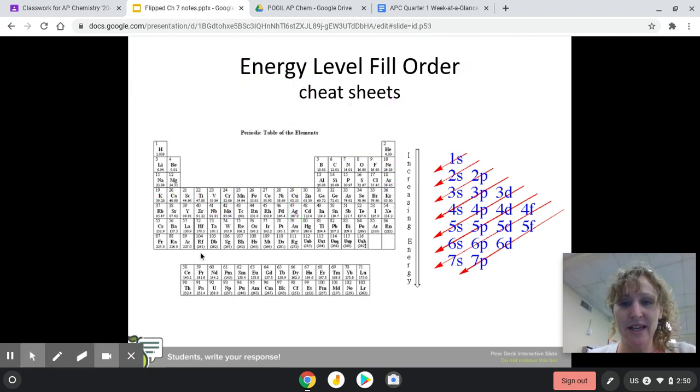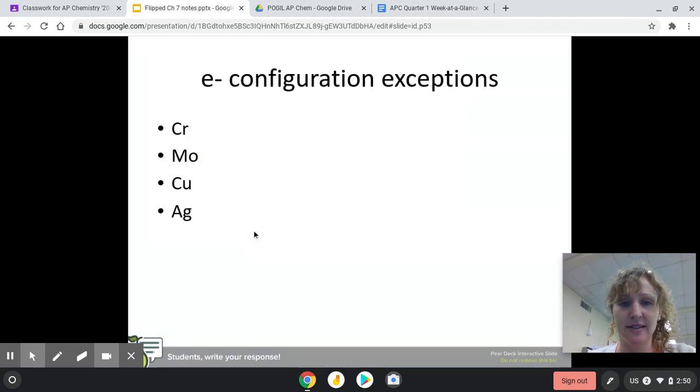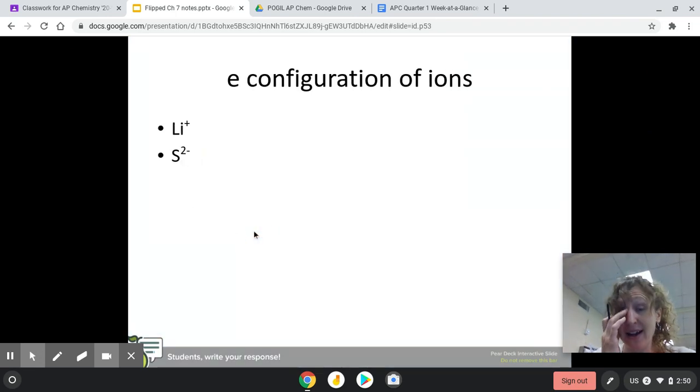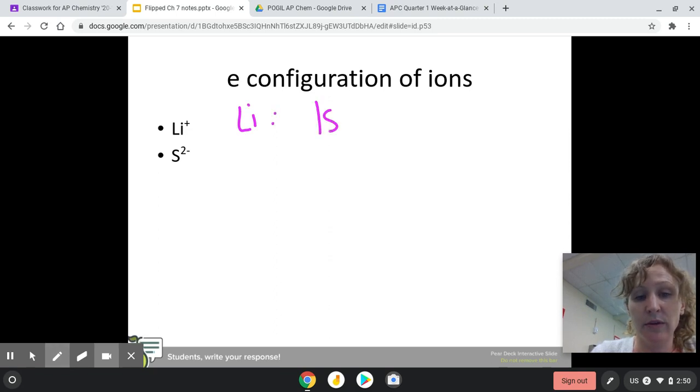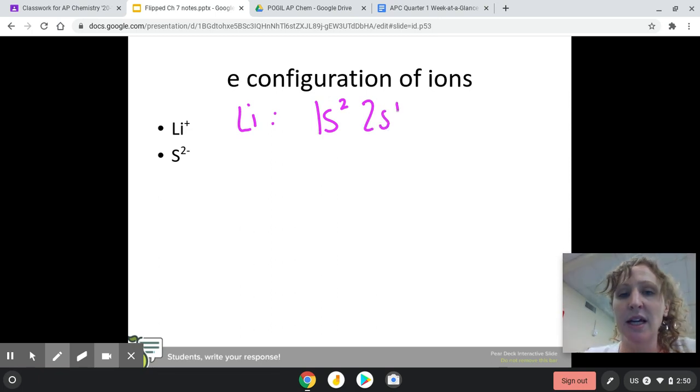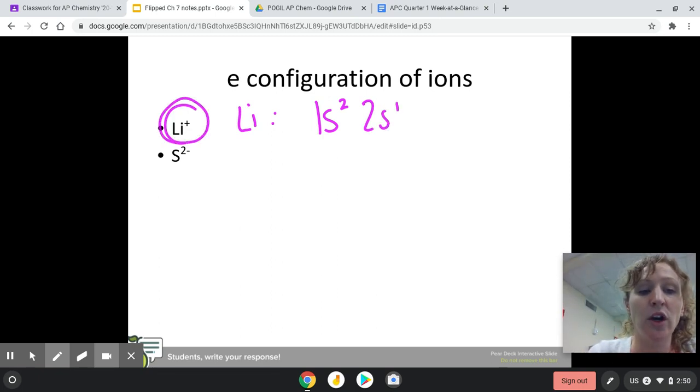Okay, so let's look at ions now. If we look at ions, we can write electron configurations for ions as well. Let's start with lithium. I'm going to write the electron configuration for lithium all by itself. 1s2, 2s1. Now, an ion of lithium, we know that the ion of lithium that forms is Li+, which means it loses one electron.